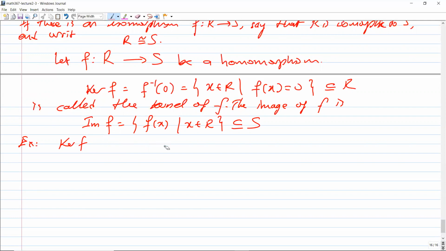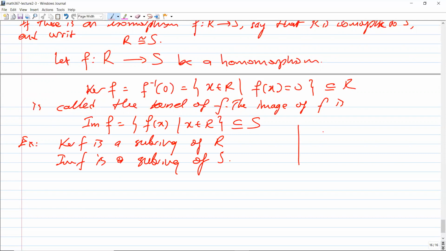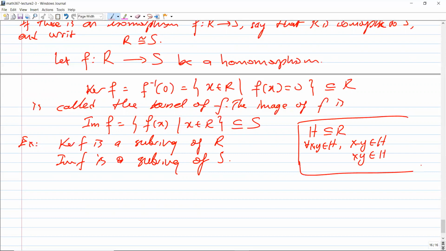Namely, the kernel of f is a subring of R, and the image of f is a subring of S. So remember, if we have a subset H of R, in order to check that this is a subring, we need to show that for every x, y in H, x minus y is in H, and x plus y, x times y is in H. We proved that last time.